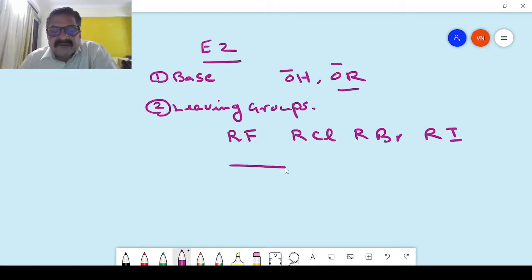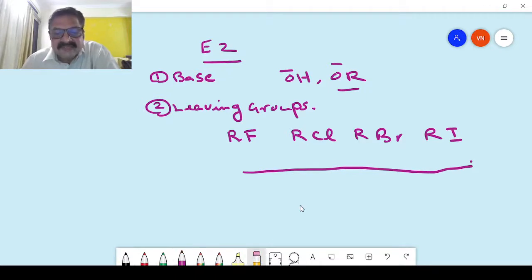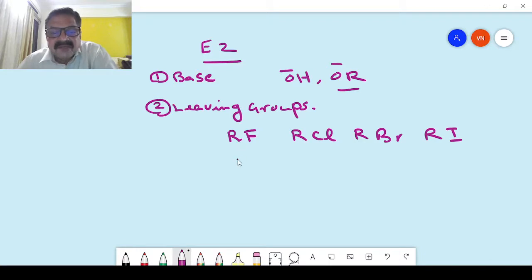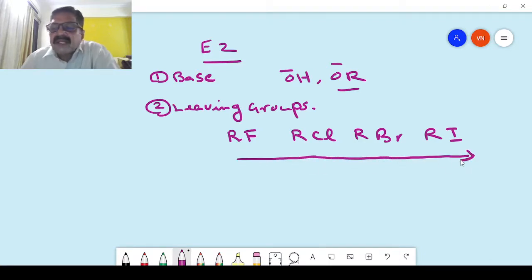If you go from left to right, the leaving group ability increases, and increasing leaving group ability will increase the rate of the E2 reaction.